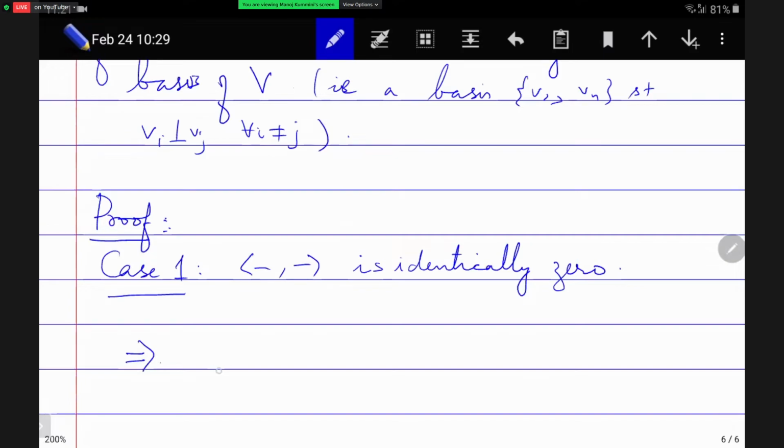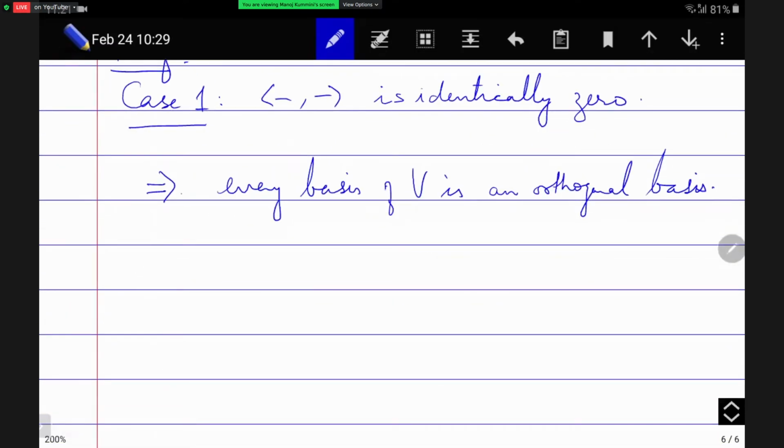This implies that every basis of V is an orthogonal basis, because you take any basis, and if i is different from j, ⟨vi,vj⟩ will be zero, because no matter what you put into the form, the result will be zero. So this is the easy case. But we need to get rid of this so that we can apply the previous lemma.